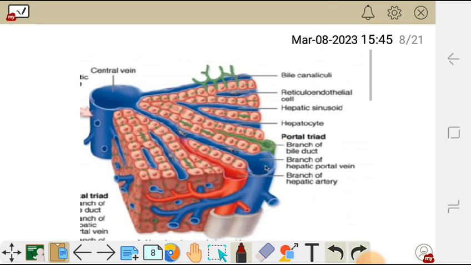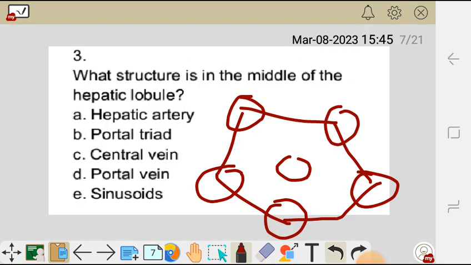Then in the center, we have the central vein. So the structure in the middle of the hepatic lobule is the central vein. The correct answer for question 3 is C, the central vein.